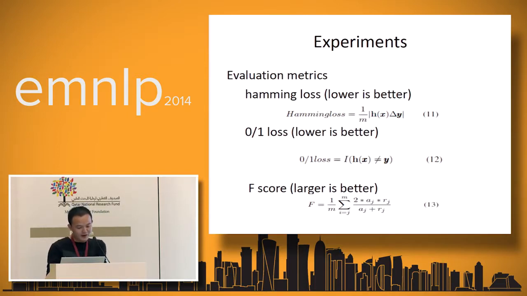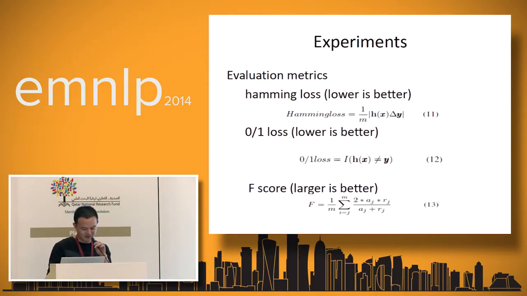Zero-one loss, how to say? If there is any difference between the predicted label vector and the true label vector, we get one error.